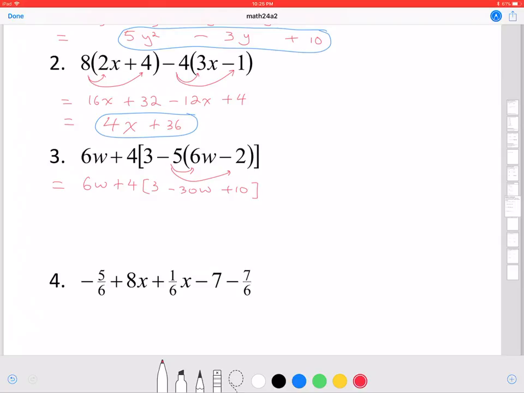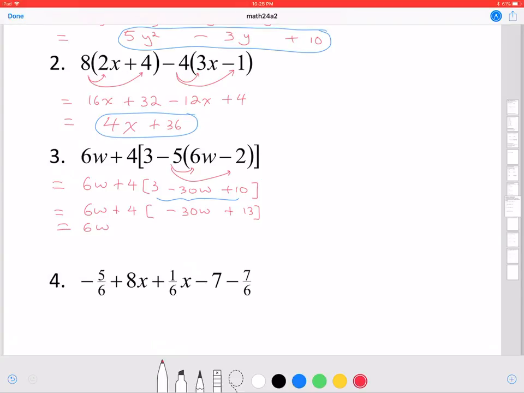Now I could distribute 4 here, but instead I'm going to simplify what I can inside here, which is nothing more than just 3 plus 10. So the next line will be 6w plus 4 bracket negative 30w plus 13. Now I'm ready to distribute 4.